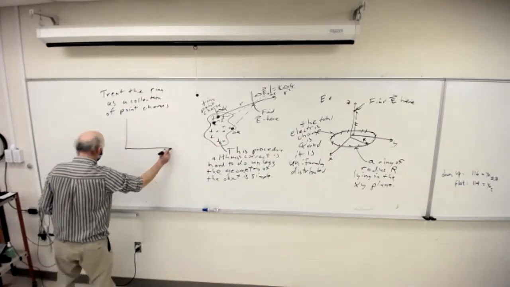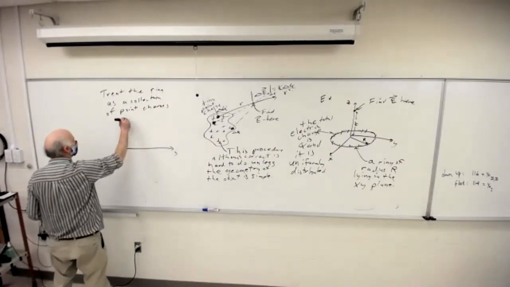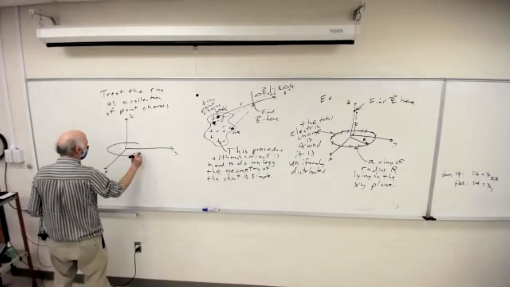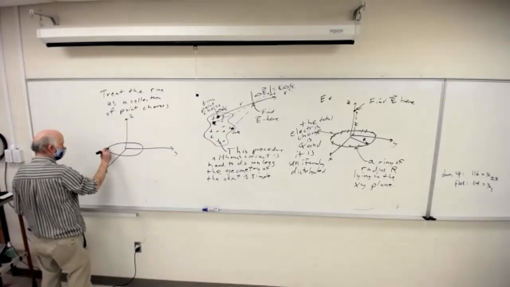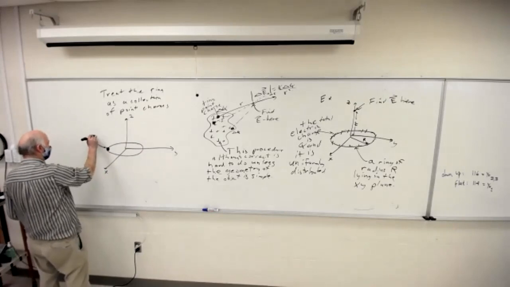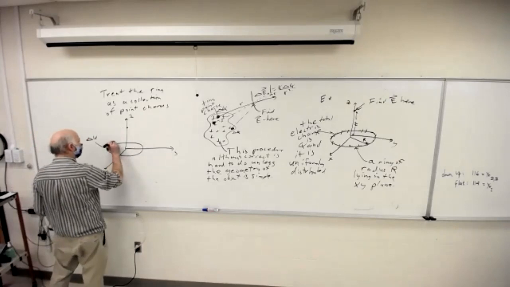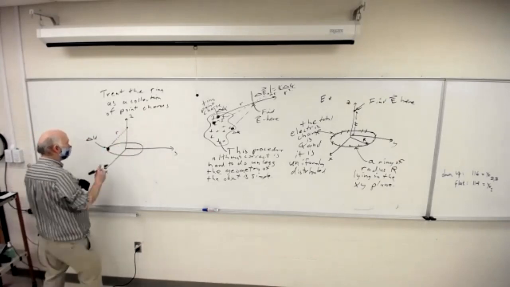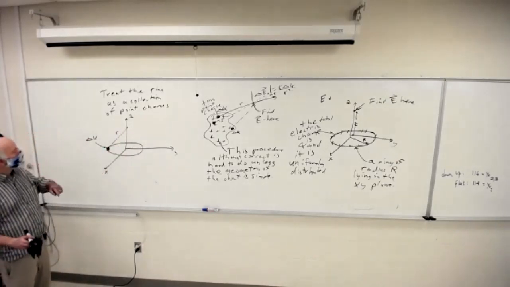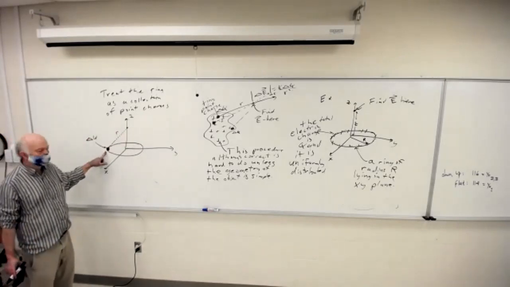And this needs a picture. So we're going to do that. So here's my point, and I'm going to look at right over here. Here's my little point charge, delta Q. And here's that little point. And from here to there, this is R. So how does the electric field go here due to this little point charge?